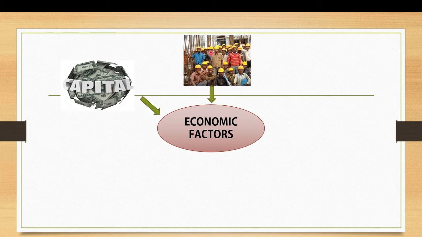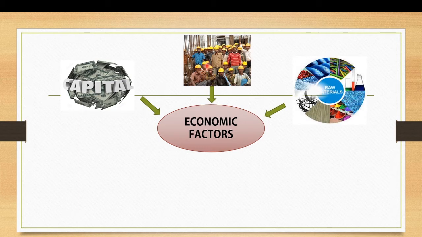You need the right type of labor for the right type of work. We prefer quality rather than quantity of labor, and it influences the emergence and growth of entrepreneurship. So always remember that the second important economic factor is labor. We need proper labor with the proper skill at a proper place.